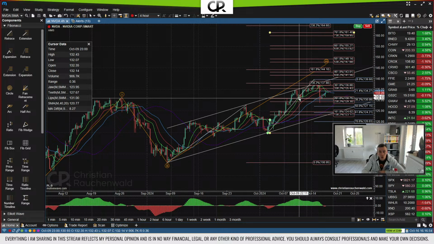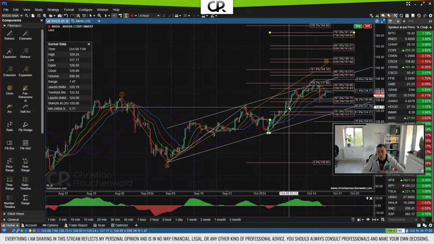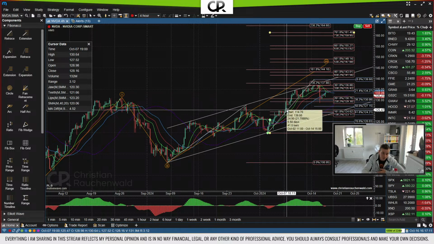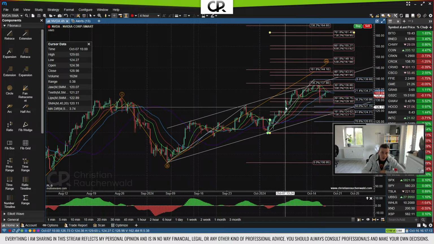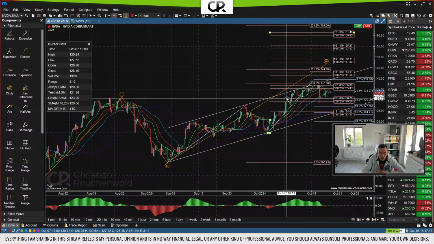So here the 261.8 would have been, a 0 DTE probably would still have paid out. On the 7th, it went down. So if it would be pre-market already up, and then we have a very strong move, I might be missing most of the strong move, or maybe even getting in early enough to get the 0-day call option, because it should go at least to here or here.